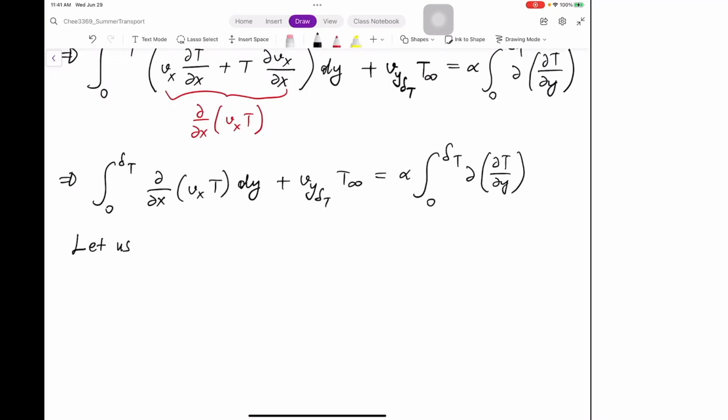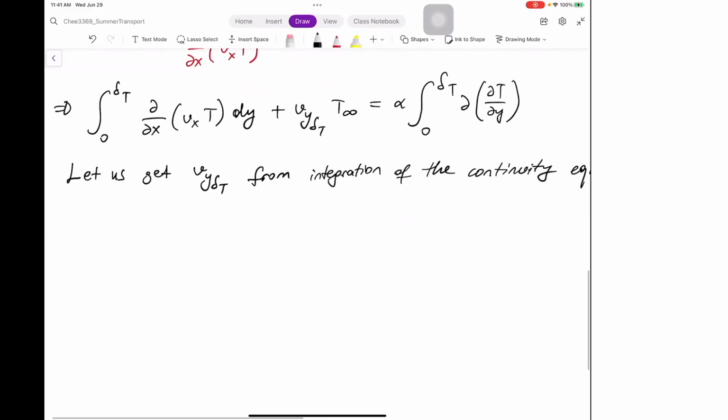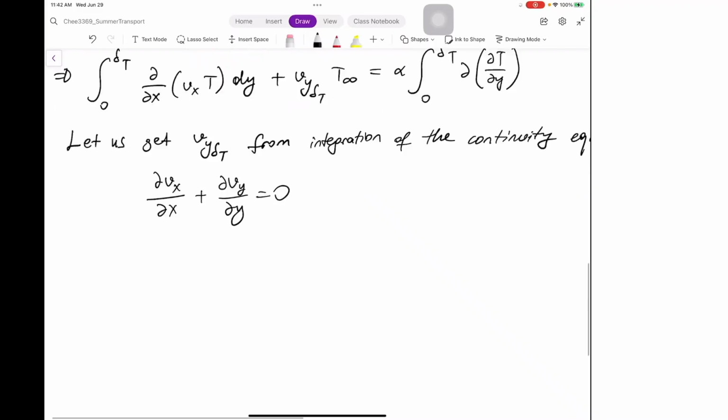Let us get Vy delta t from integration of the continuity equation, which is del Vx over del x plus del Vy over del y is equal to 0.